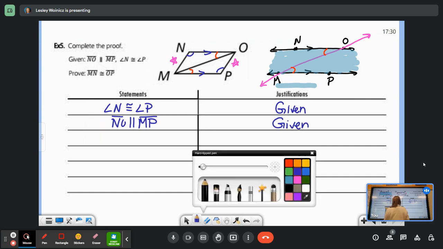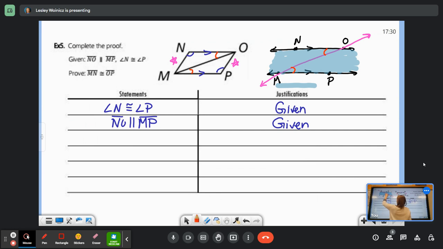Now, because of those parallel lines, I have these alternate interior angles that are congruent. So this set of parallel lines gives me angle OMP is congruent to angle MON.